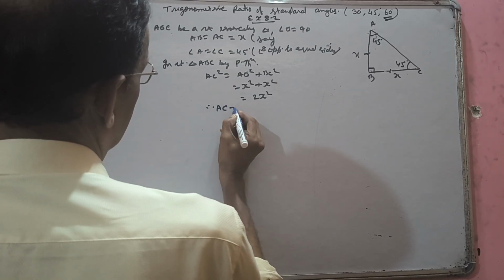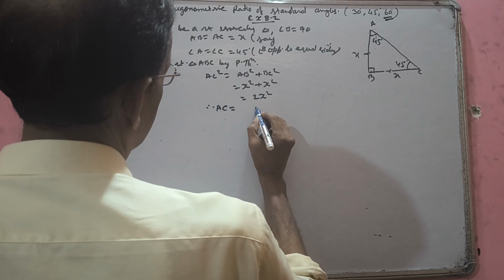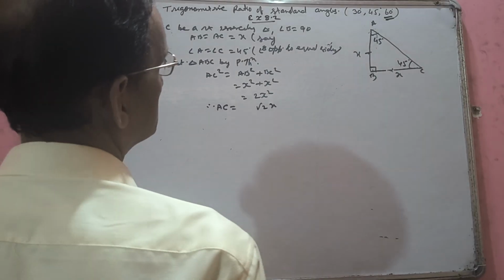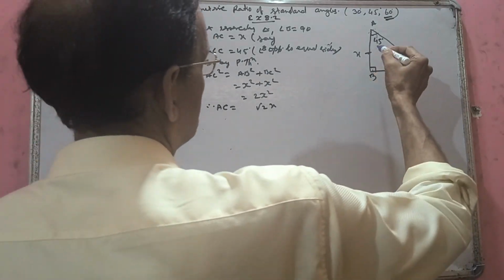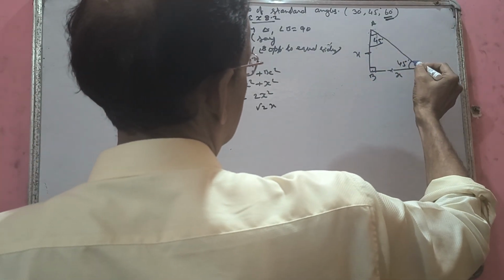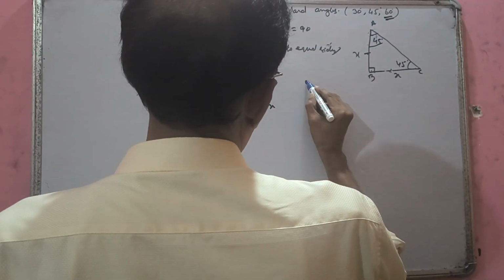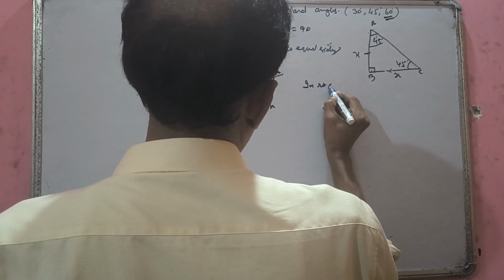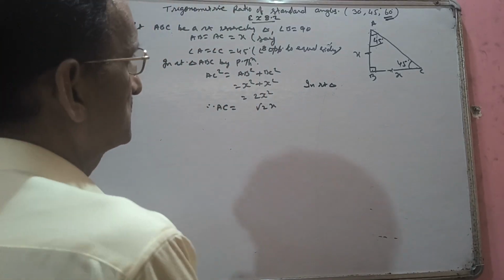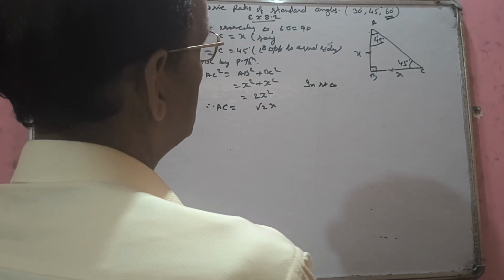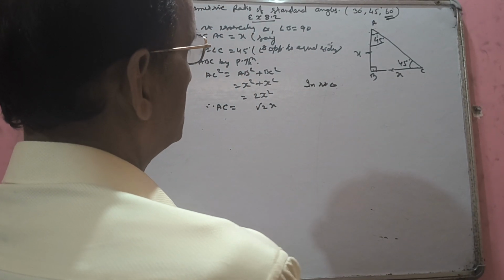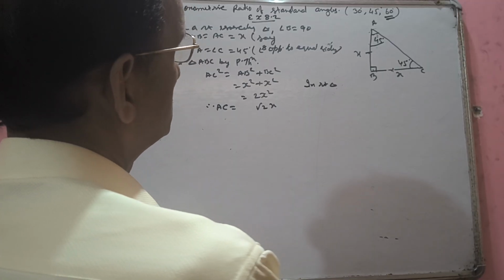Therefore, what is AC equal to? Root 2 x. Now, either you can consider this 45 degree or this 45 degree. So just mention here in right triangle, both are 45 degree and we are calculating for 45 degree only. So you can take any one, either angle A or angle C.